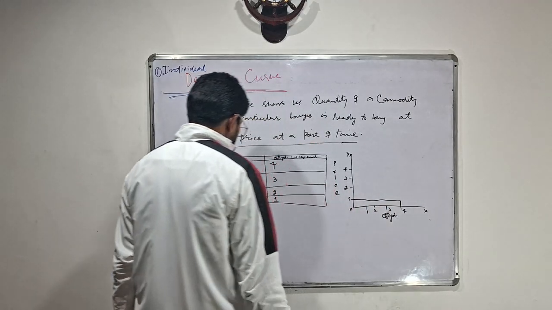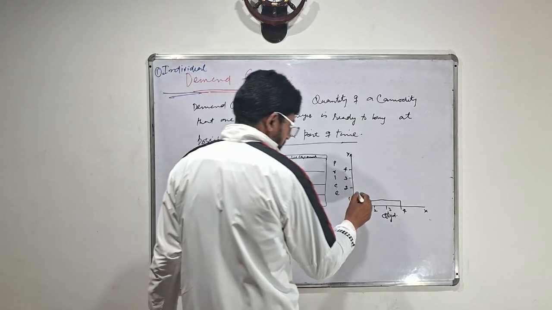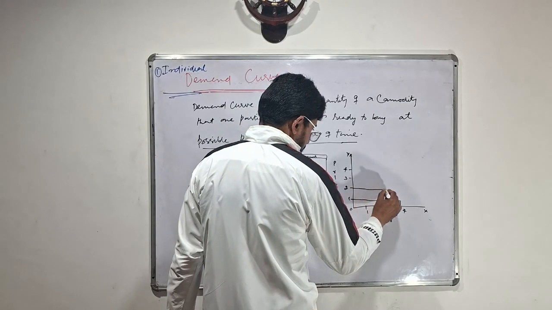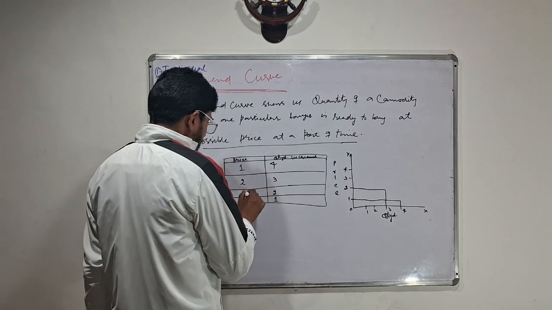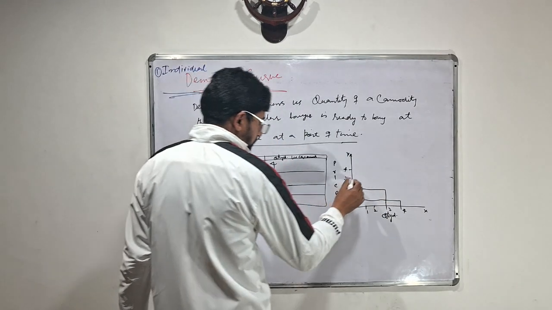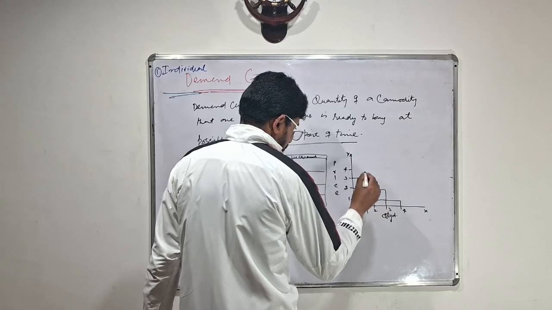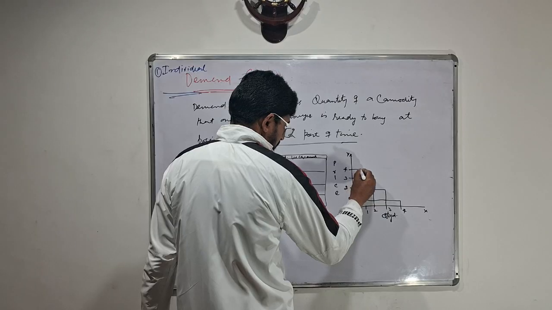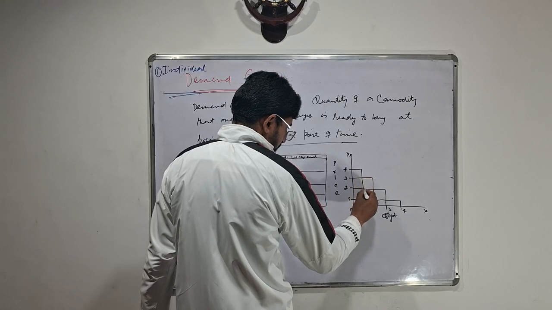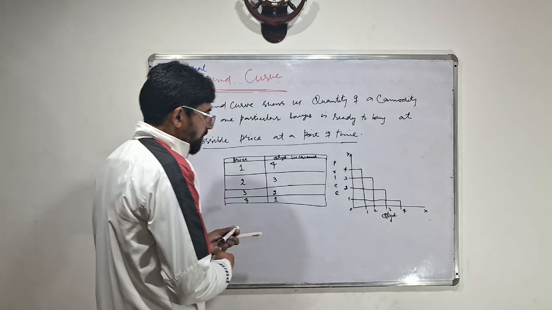Similarly, at price 2, with quantity 3. At price 3, quantity 2 units. At price 4, the quantity is 1 unit. Now we have to join these points.